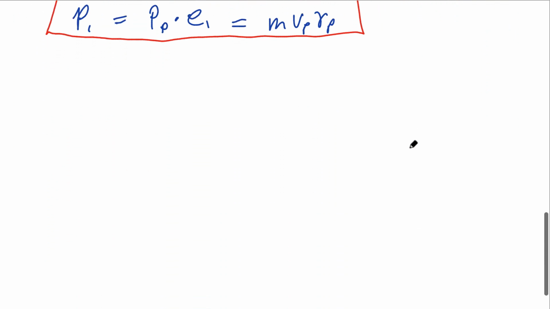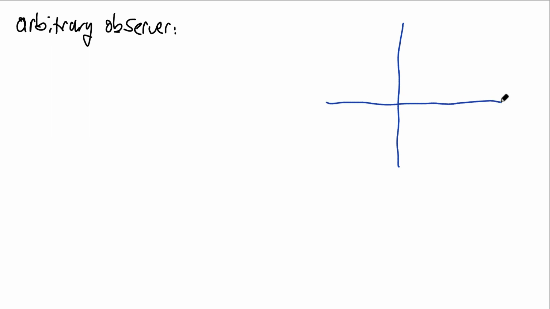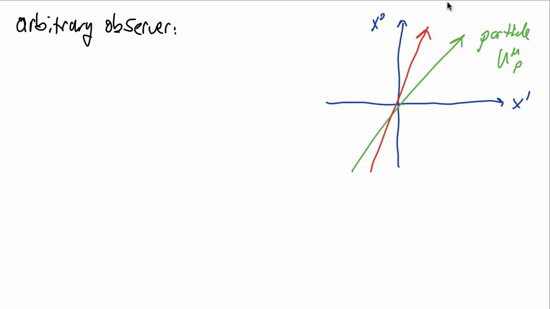And to emphasize that point, let's take a look at an arbitrary observer. So here's our Minkowski diagram, the x1 axis, the x0 axis, our particle moving with 4-velocity u_p, and we'll take our observer to be moving with some 4-velocity u, and we'll take that 4-velocity to be γ(c, v), where v is the velocity of the observer as seen in this Minkowski frame.